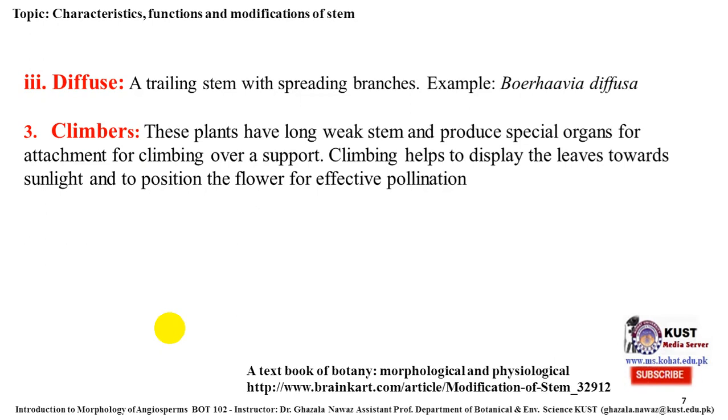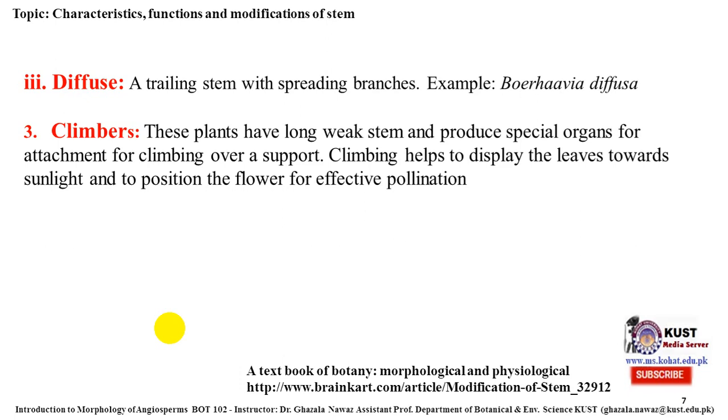The next type of aerial modification is the climber. Climbers are very weak stems that produce special organs for attachment. They always need support, and without support they cannot grow.